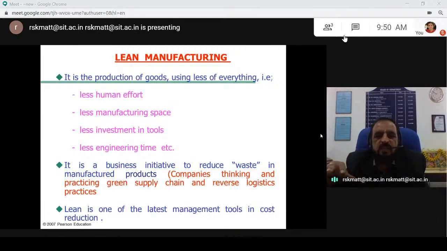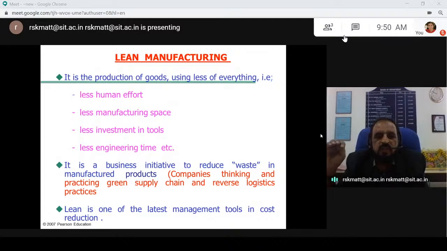And companies are thinking and practicing green supply chain and reverse logistics in this context, because now we are bothered about the environment also. Industrialization is spoiling the environment. How to protect our environment, that is called green practices. We call it green supply chain and reverse logistics practices.